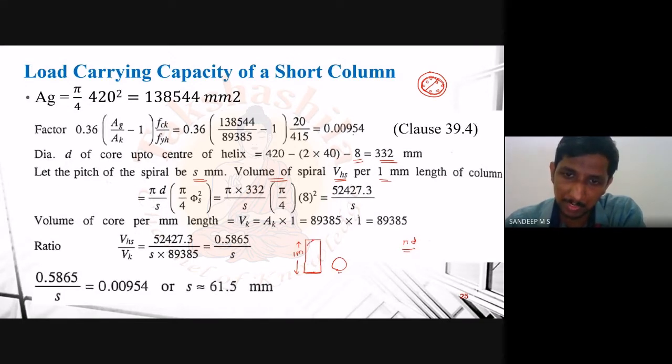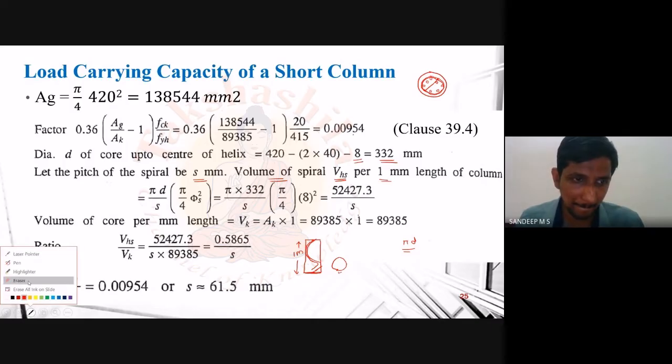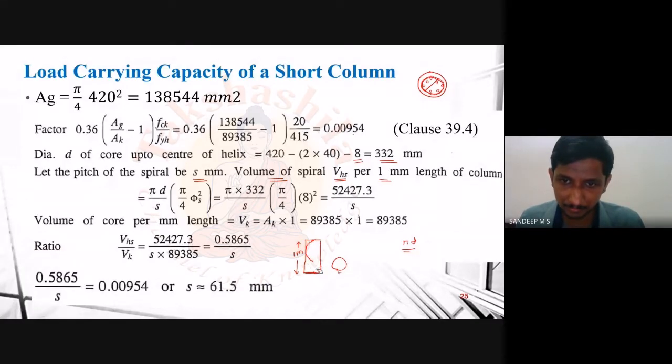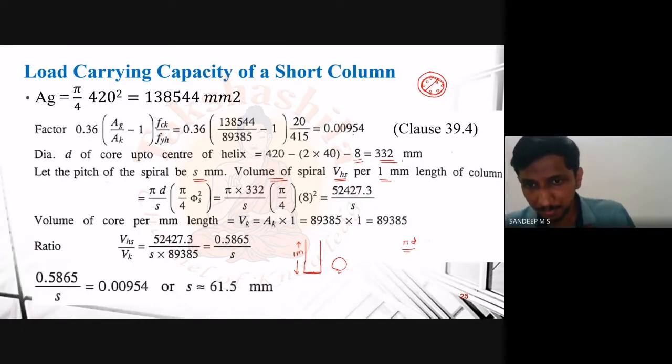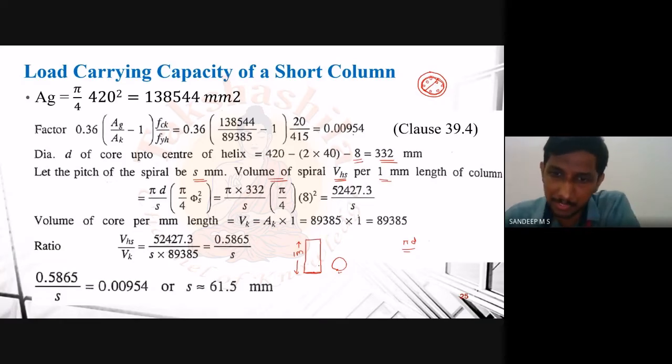So what you will get is again a spiral like this. Please visualize that. When you lift this, you will start from here, go around like this, and finally reach the same point.